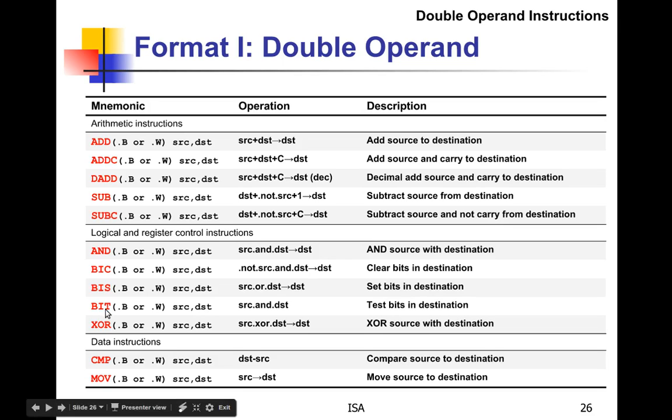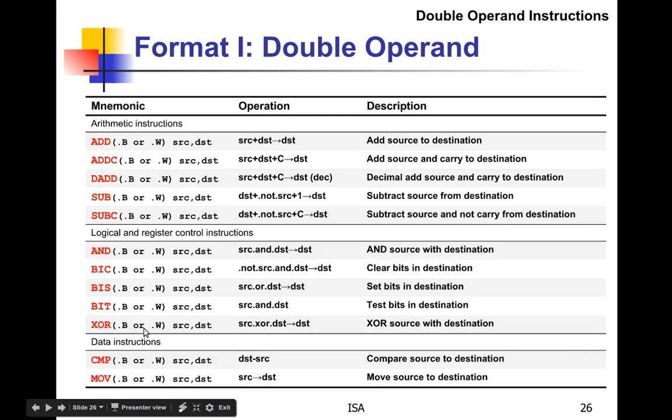And then we have BIT, which tests the bits in the source with the bits in the destination, the ones that are specified in the source.